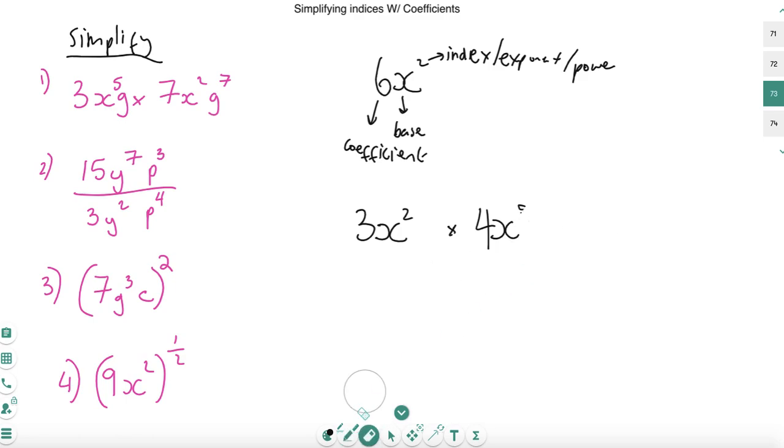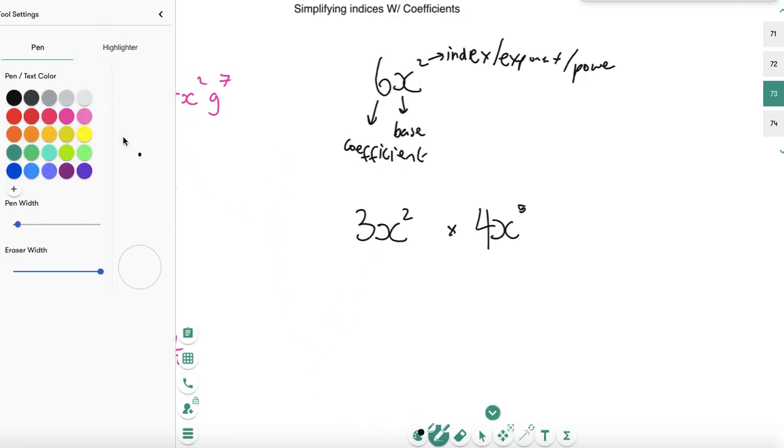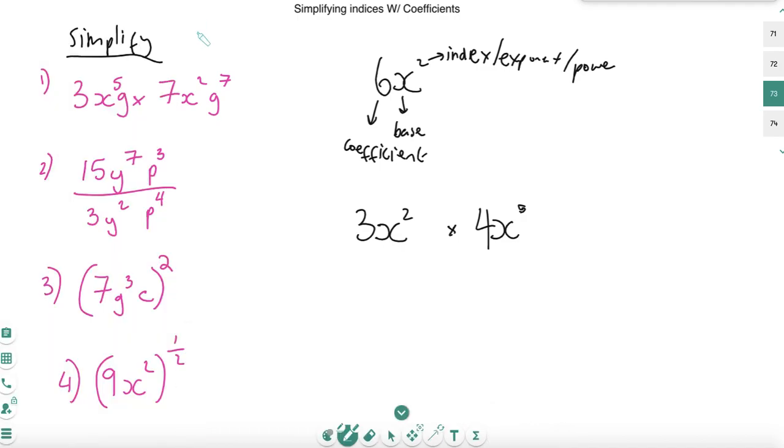Let's actually do this example. Let's simplify 3x squared times 4x to the power of 5. What I like to do is split up the coefficient and the base and index like this. So 3, split it up, x squared, and then same thing here.